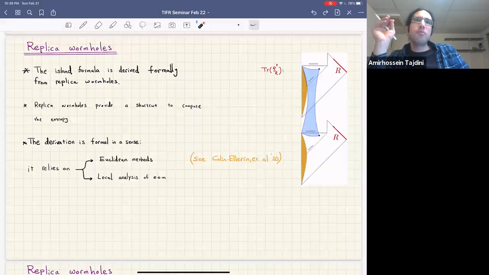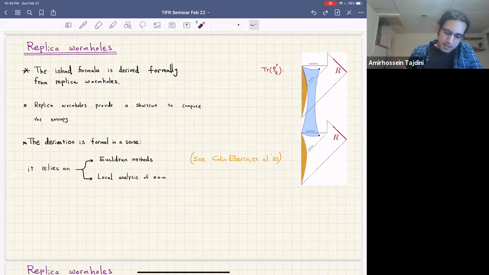So for today, I will focus on n near 1, which is relevant to the derivation of the island formula. And even in that case, the derivation is a bit formal, at least in these two senses. One is that it relies on Euclidean methods. So it seems that the first step to define a replica wormhole is to consider a Euclidean path integral.